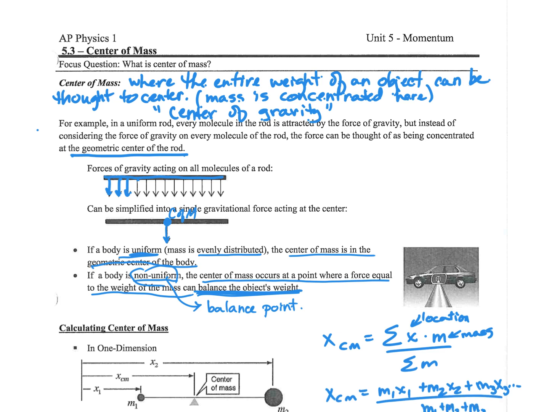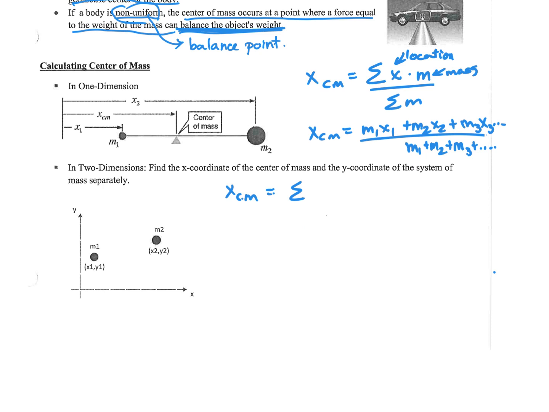All right, now in two dimensions, we're going to find it in the x direction. Sorry, I don't need the summation symbol there. We're going to find the x center of mass is going to be the sum of the x's times their masses divided by the sum of the masses. And the y center of mass is, of course, going to be the sum of the y's times their masses divided by the sum of the masses.